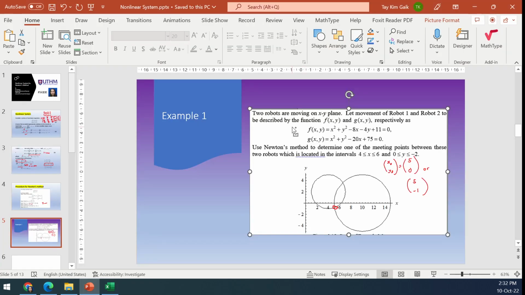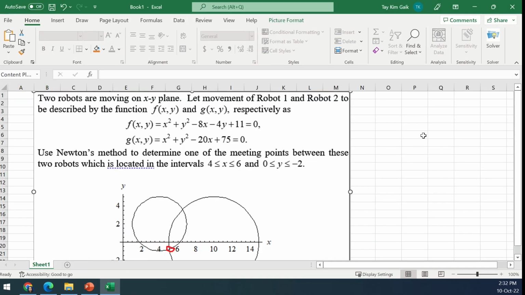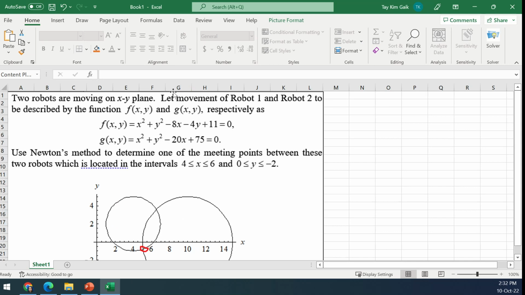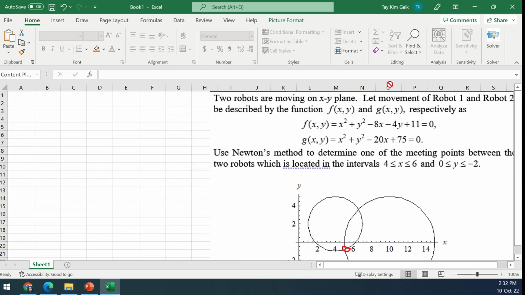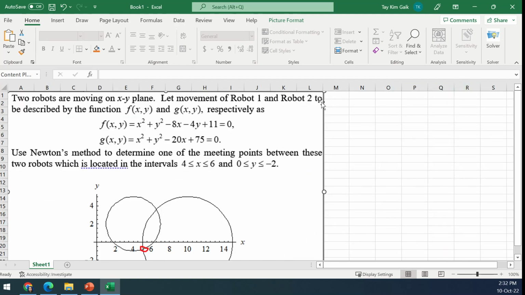I got to copy the whole thing and put it here. Okay, we want to solve this one using Microsoft Excel.